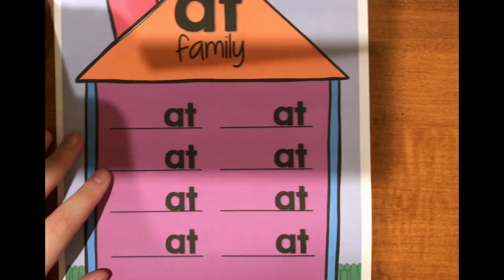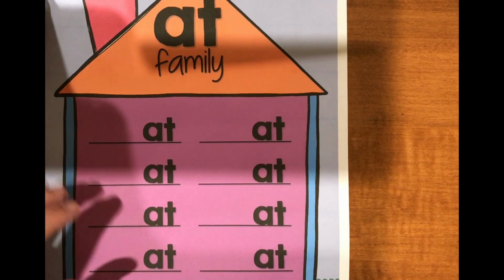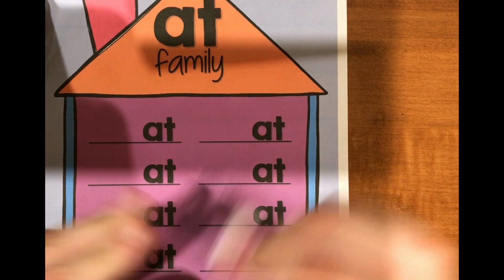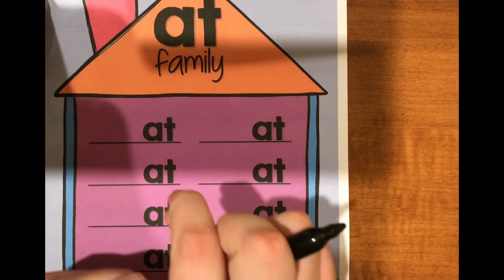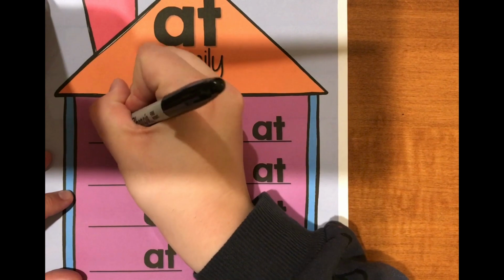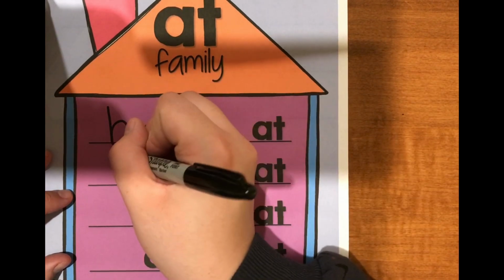So now I'm going to look at my house. And I'm going to fill in the words that I wrote on my word family house. Let's see. I made the word hat, so I'm going to put an H. I made the word bat.